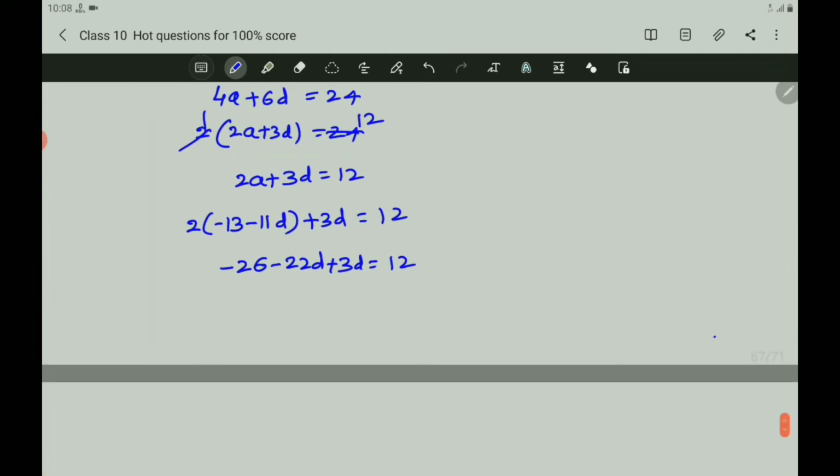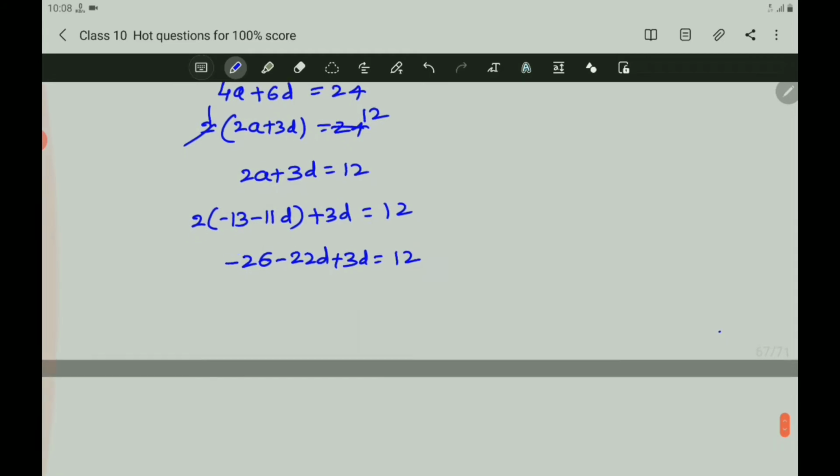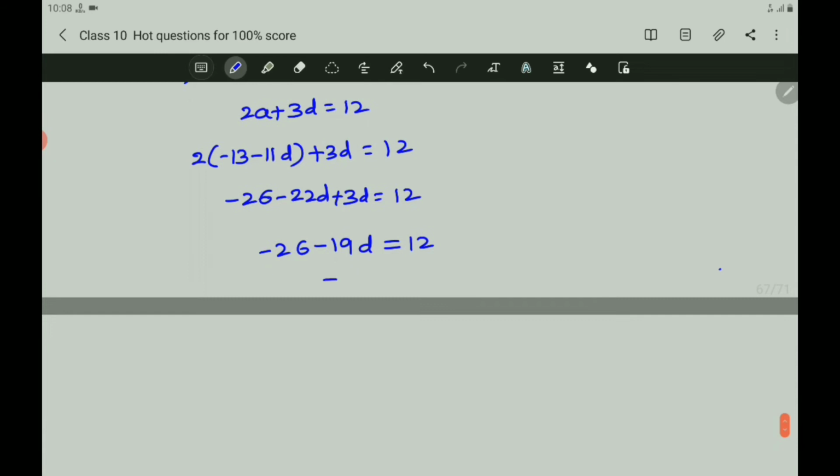Then minus 22d plus 3d, you will get minus 19d. So minus 26 minus 19d equals 12.